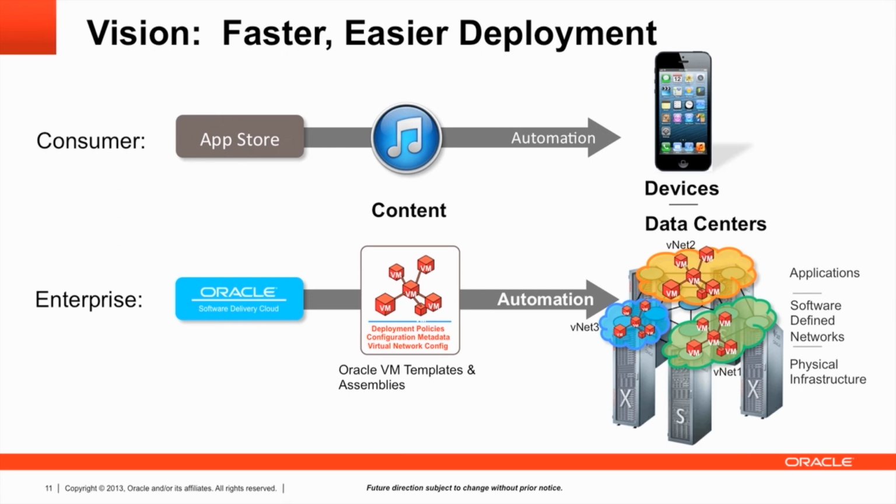The same idea is what we're trying to translate into enterprise applications, where you can go to Oracle Software Delivery Cloud and download the packages, in this case what we call Oracle VM templates and assemblies. These are pre-built and pre-configured so that you can then quickly deploy them onto your servers. That's what we're going with application-driven virtualization.